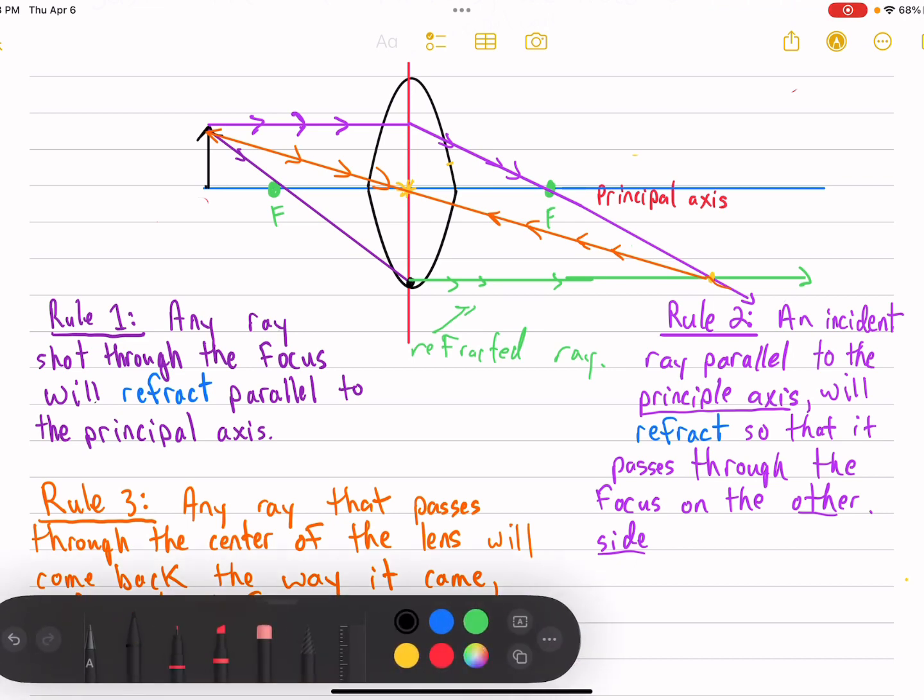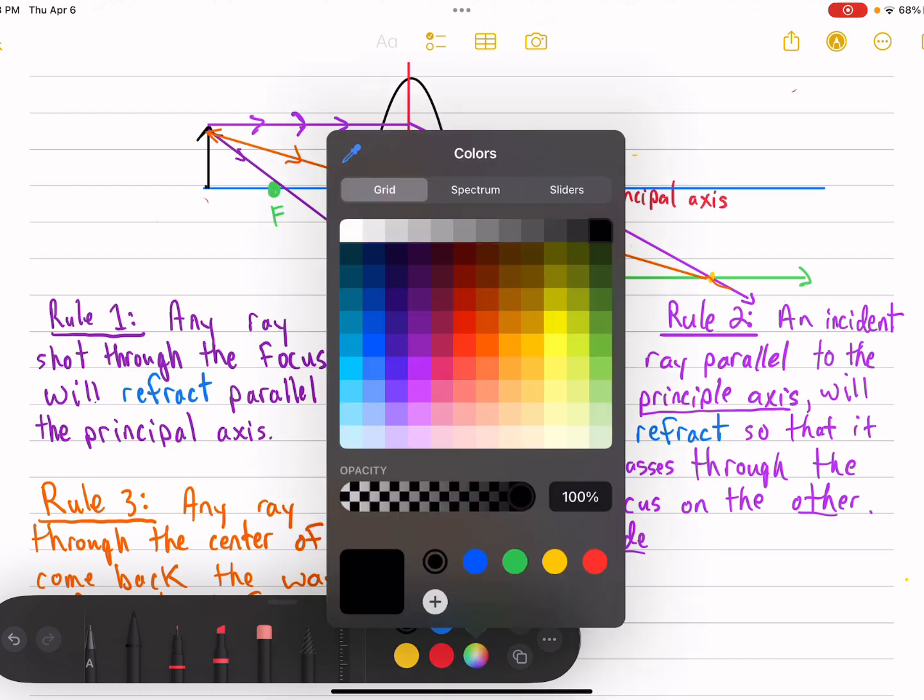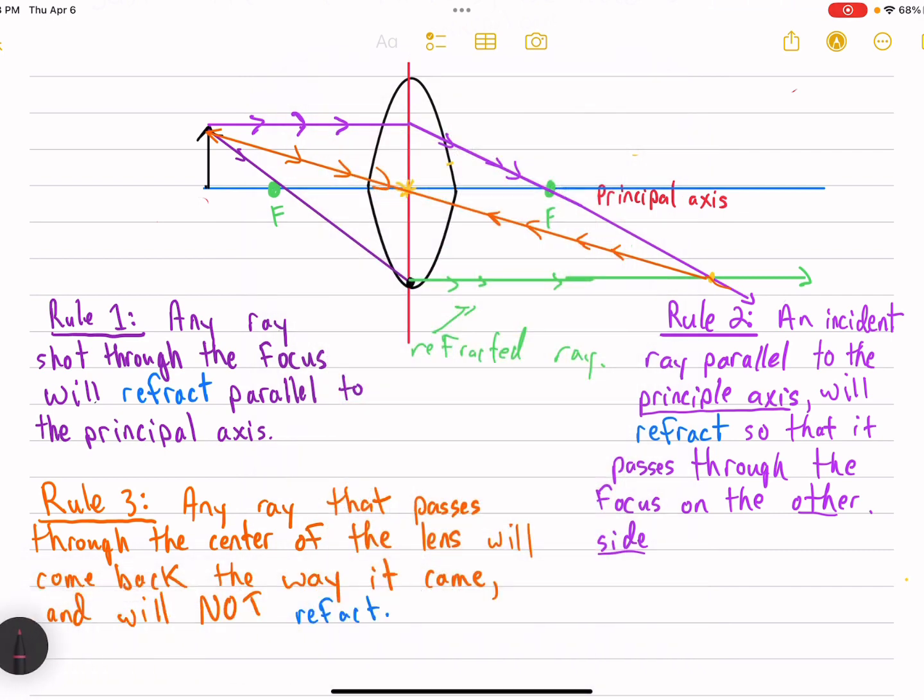Now, if I'm going to draw the object, and let's say I'm going to draw the image, I should say, not the object, but the image. Let's draw that in kind of a maroon-ish color. Since all the incident rays start at the top, then where they all intersect over here is where I would draw the top of the object and then extend it over here.